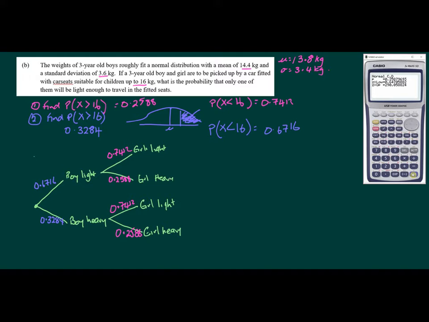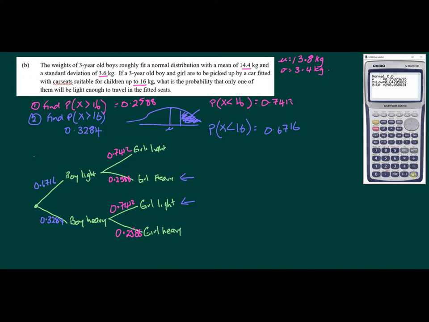So we could have boy light, girl heavy, which is this probability here. The other option is where the boy is heavy but the girl is light, which is this option here. The way we work it out is that we multiply down the branches of each option and add them together.